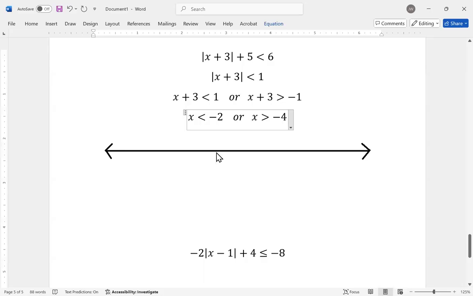So in any case, we have a -4 and a -2. Neither are equal. So we're going to draw an open circle around each.